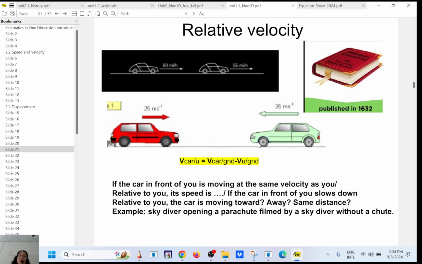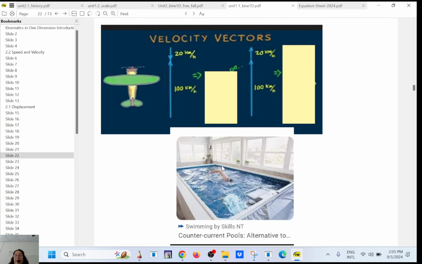So you add the speed. If you rather have equations, you have the equation here. The velocity of this car relative to you, in the red car, will be the velocity of the car relative to the ground, which is minus 35, minus the velocity of you relative to the ground. That will work also, or you can do it with your gut.